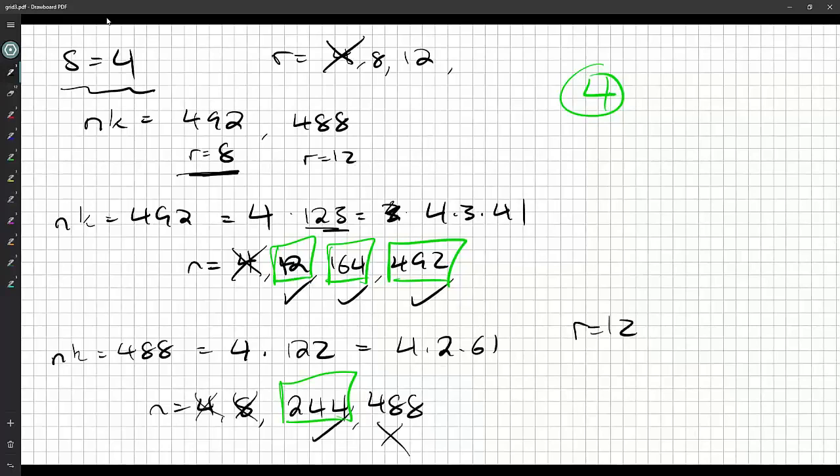Divided by 12 gives me a remainder of 4. So that works out. But how about 488 divided by 12? Gives me a remainder of 8. Okay, so that one's still out.